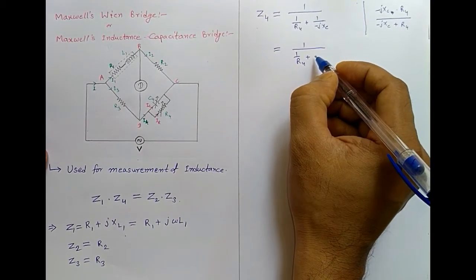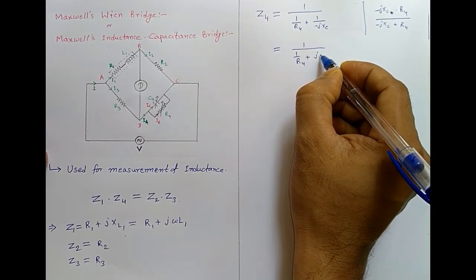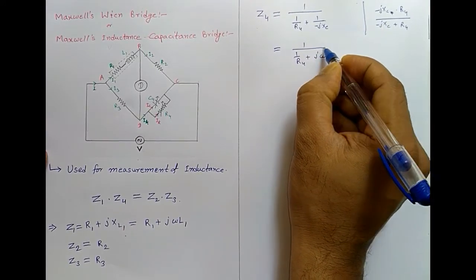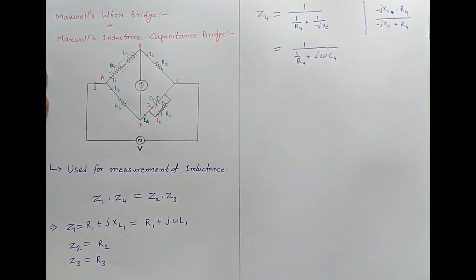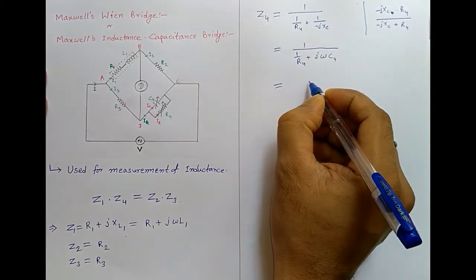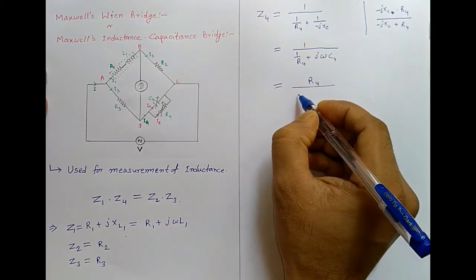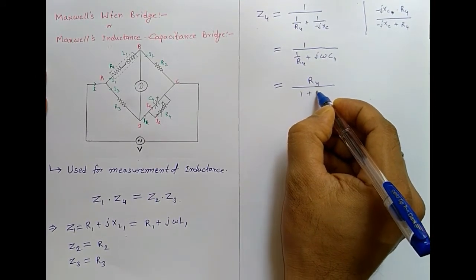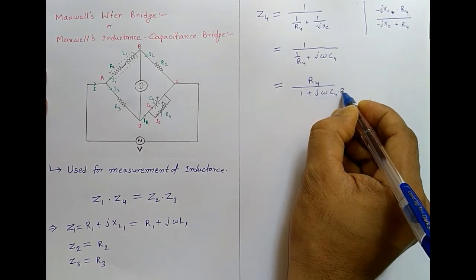So it will be j omega C4. That is equal to R4 divided by 1 plus j omega C4 into R4.